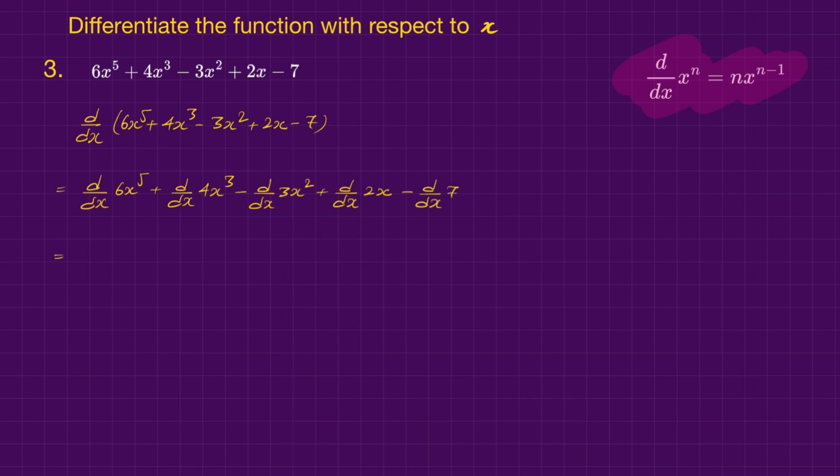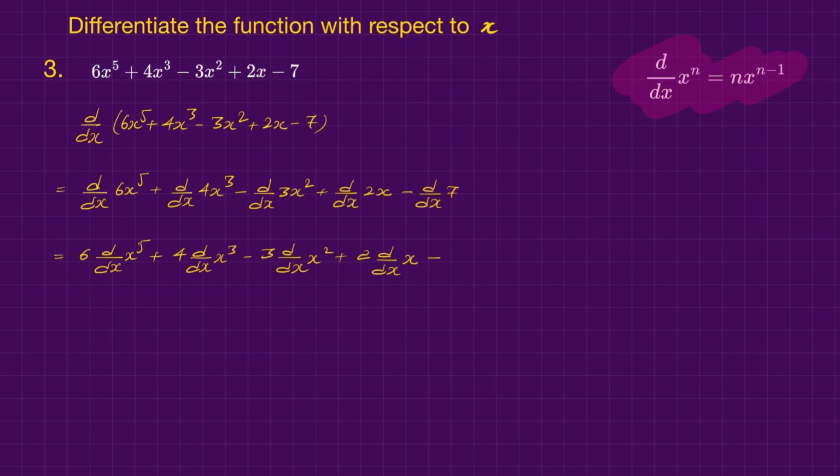So this will be equal to, so here as you can see, there is a function x to the power 5 and this function is getting multiplied with 6. So I can take the 6 in front of the differentiation. So it will be 6 times d/dx of x to the power 5 plus, similarly here 4 is constant, so 4 d/dx of x cube minus 3 is constant, so 3 times d/dx of x square plus 2 is constant, so 2 d/dx of x minus, notice here, this particular term has d/dx of 7 and 7 is purely a constant.